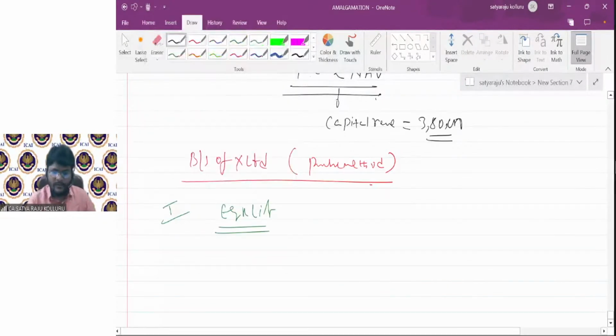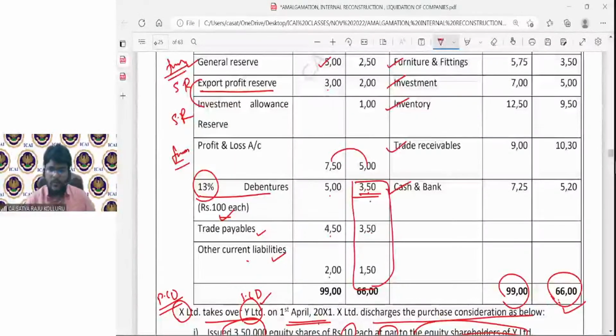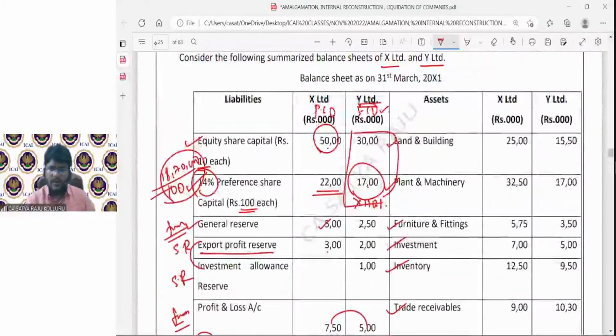Under that, shareholders' funds, A, share capital. Now, coming here, X Limited's existing share capital, which is 5 lakhs. Now X Limited is going to issue equity as well as preference shares to the selling company. So whether it is amalgamation in the nature of purchase or amalgamation in the nature of merger, there is no difference in share capital.